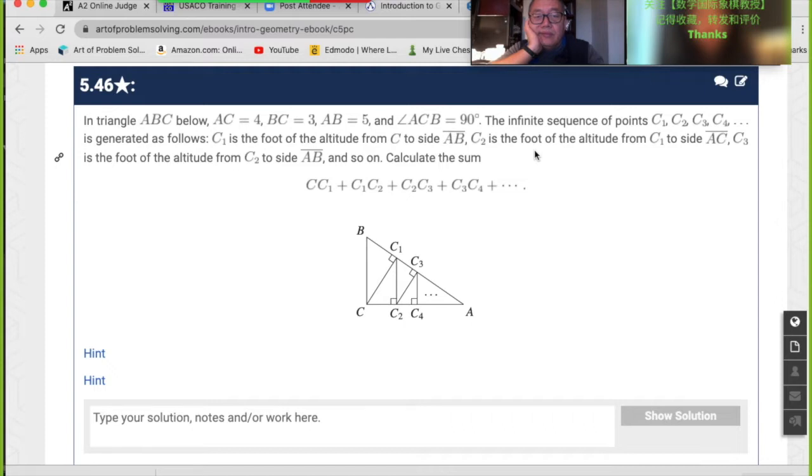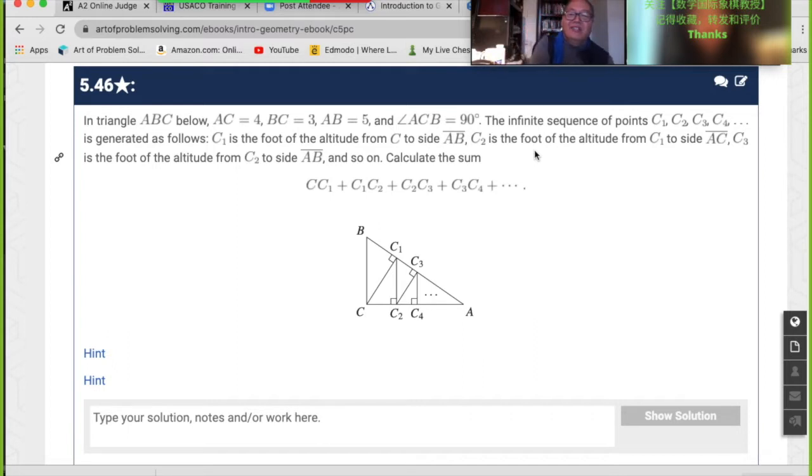C2 is the foot of the altitude from C1 to side AC. C3 is the foot of the altitude from C2 to side AB, and so on. Calculate the sum CC1 plus C1C2 plus C2C3 and so on.